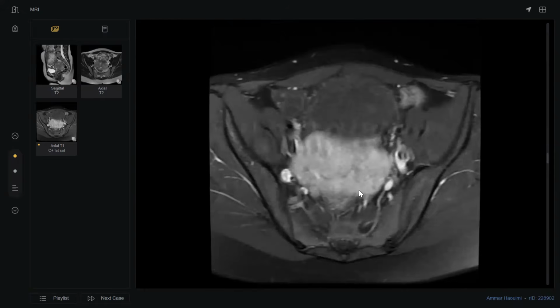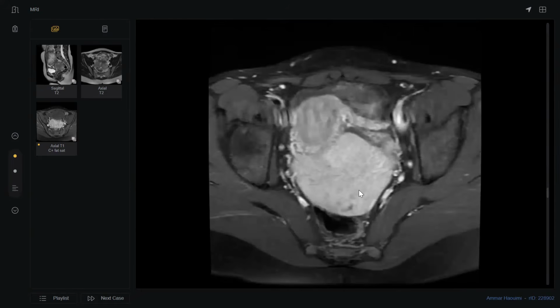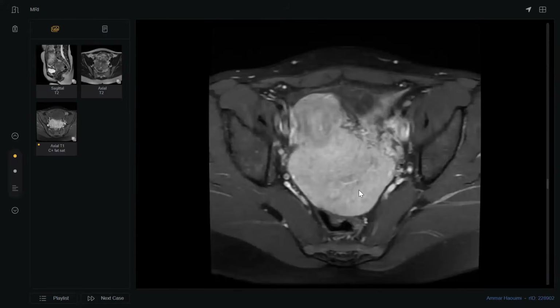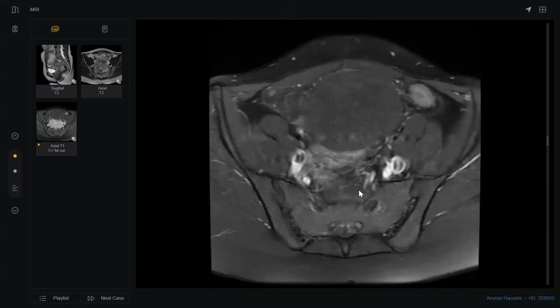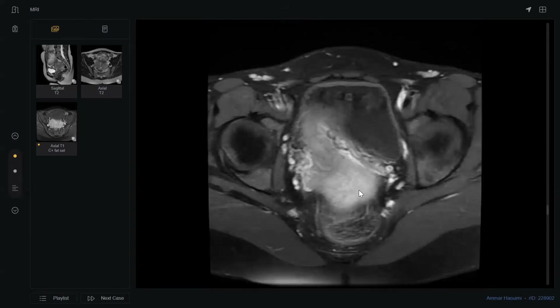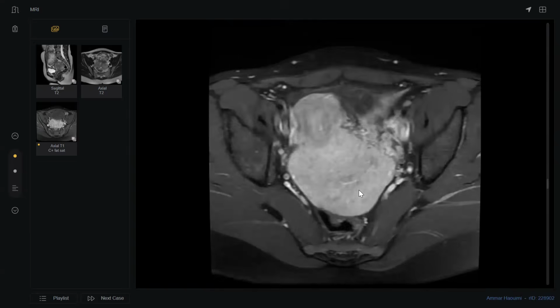Keeping in view the large solid masses abutting the uterus, I am concerned for subserosal uterine fibroids with myxoid degeneration in the largest lesion, which is extending up to the level of the L5 vertebral body.